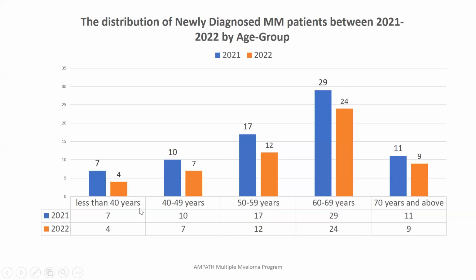But you can see the peak. The peak is between 60 to 69 years of age, which is not too far actually from what is happening in the rest of the world. It's a diagnosis of the older population, but that means that also these can be diagnosed in a younger population.